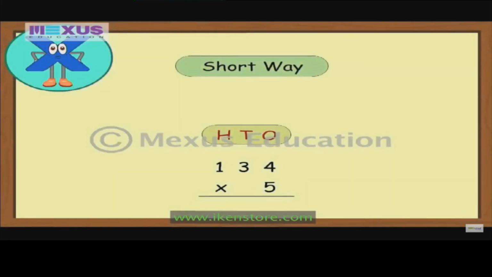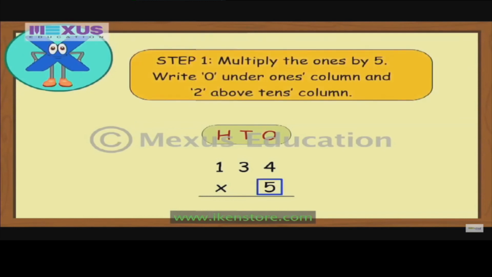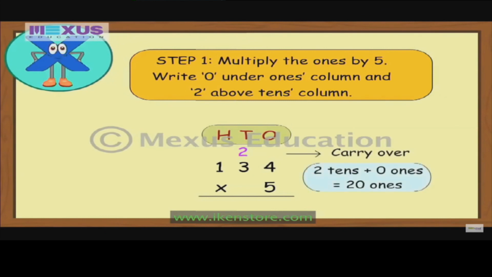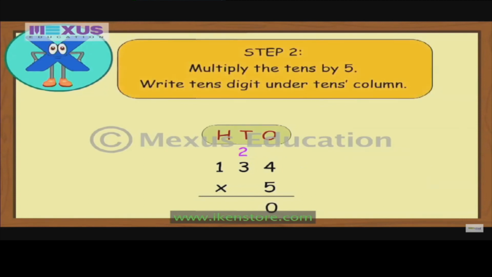Now, I'm going to solve this sum using the short way method. First, multiply the 1-digit number with the ones digit and write the carry over above the tens column. So 5 times 4 is 20. 0 will remain below the ones column, carry over 2.